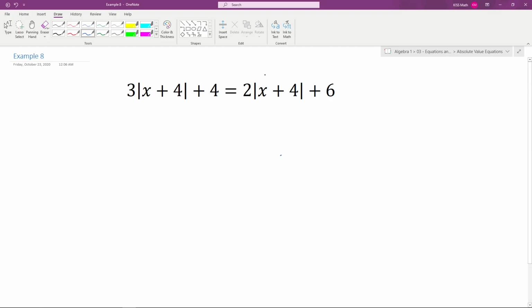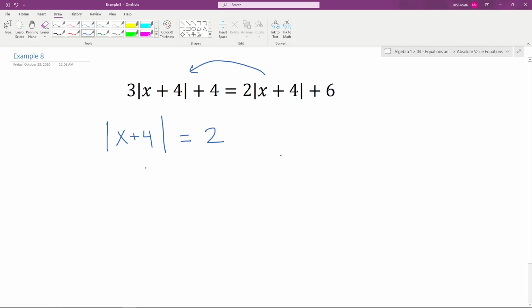And I can move this over to this side. So if I do that, I'll have 3 minus 2 of these guys, so I'll only have 1 x plus 4 on the left side here. And I want to move this 4 over to this side, so I'll have 6 minus 4 is 2.